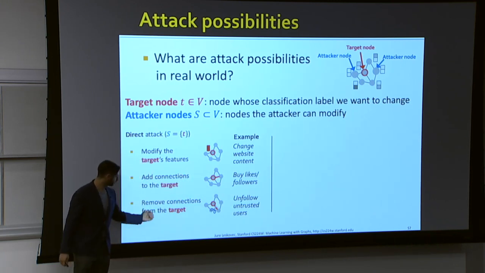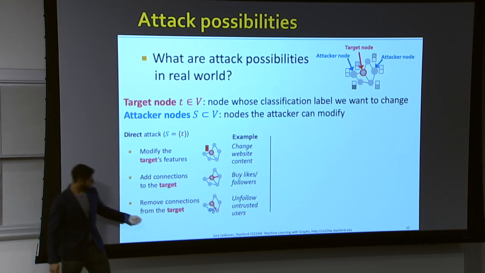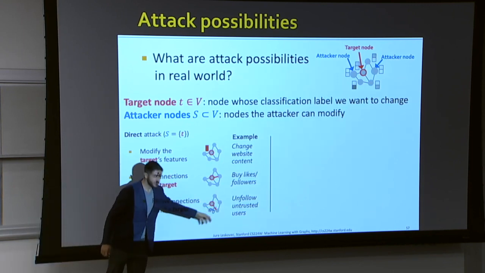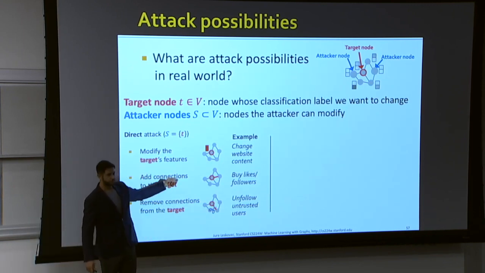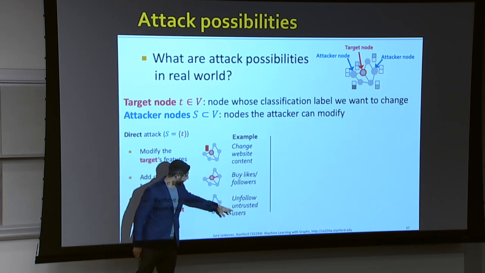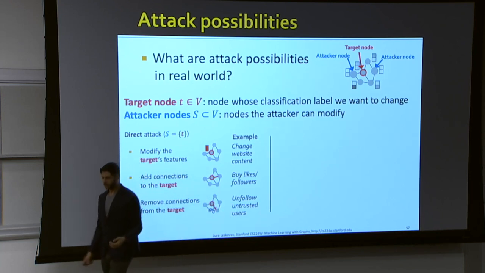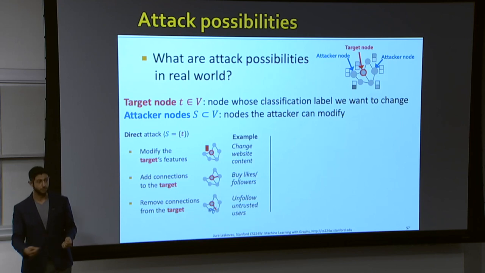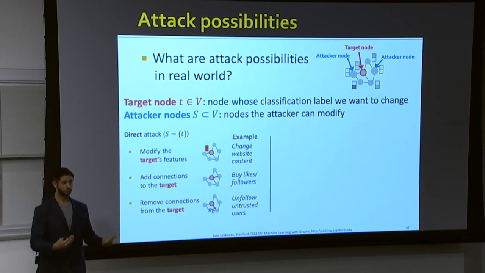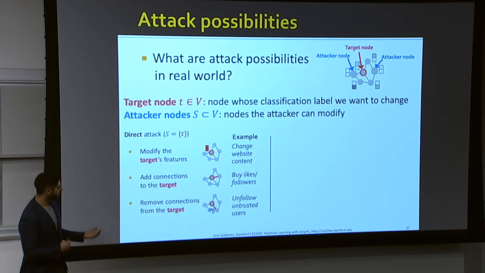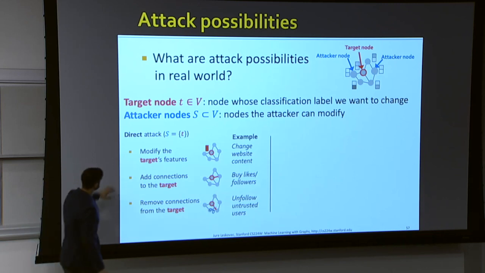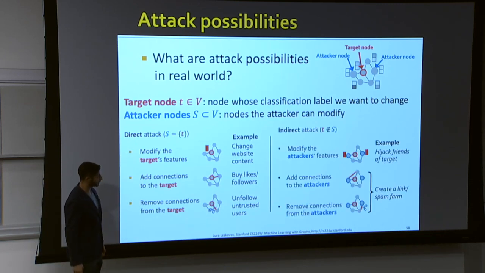Or we can remove connections from the target. We can cut some edges in case our fake account is followed by a lot of untrusted users. Perhaps Twitter knows that we're being followed by a lot of fake accounts, so we want to get rid of them. These are the direct attacks that we can do on the target.